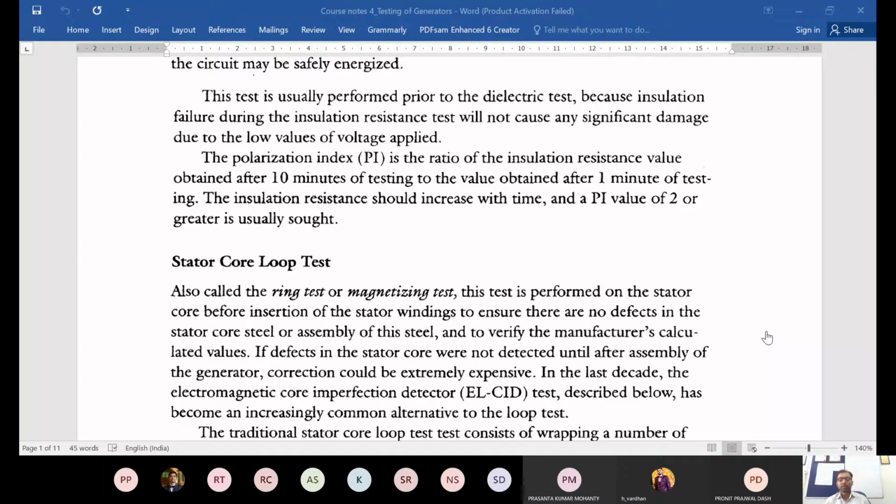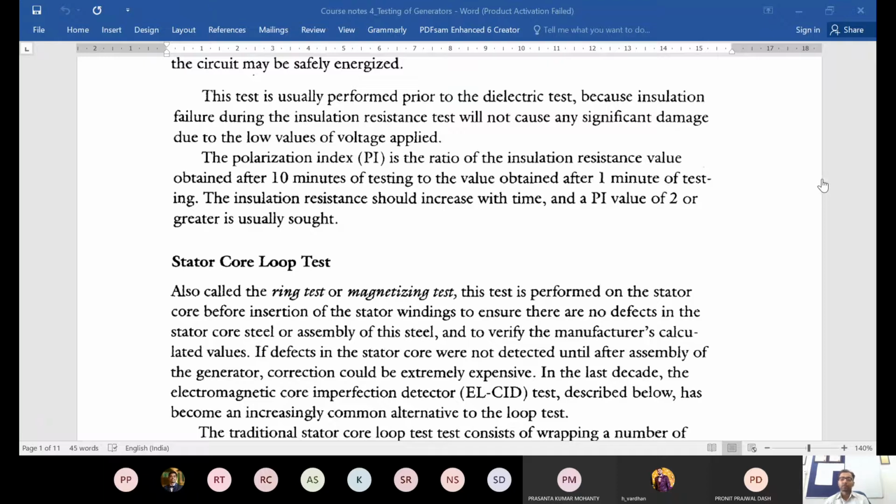The same thing happens here: the dielectric in the insulator absorbs charges, and so the voltage across it builds up gradually. Equivalently, the effective resistance or impedance of that insulator builds up over a period of time.